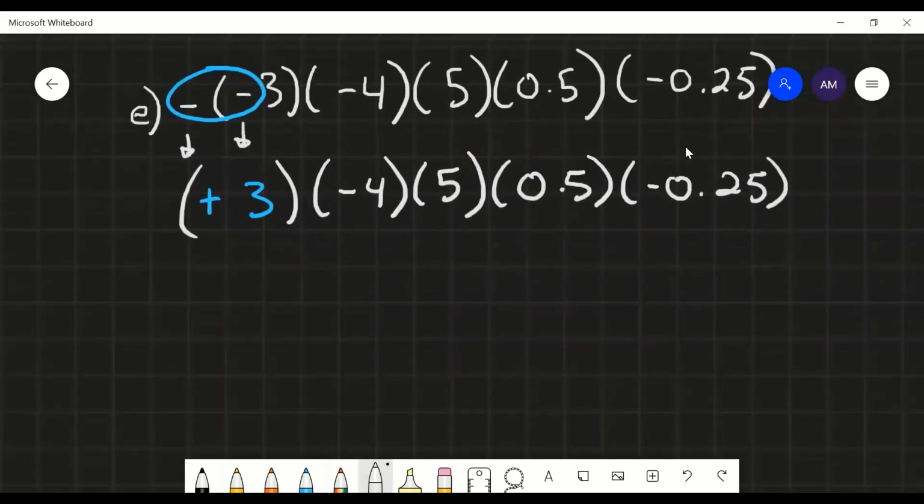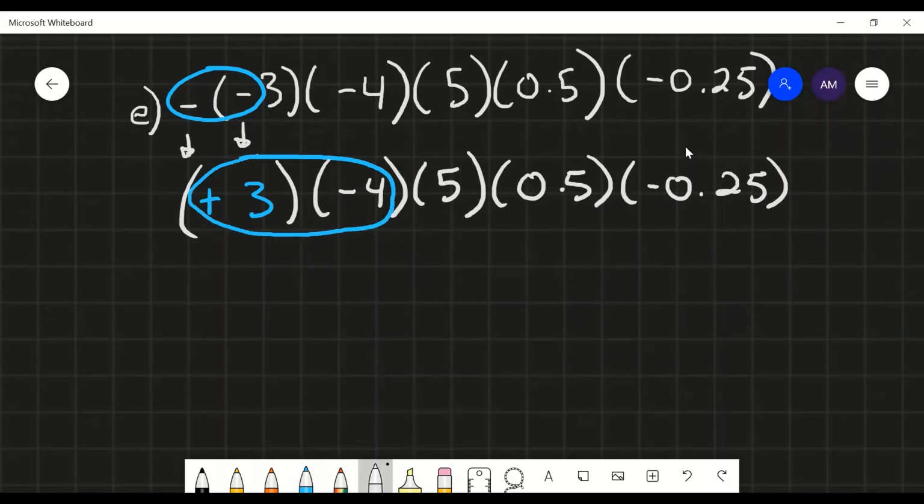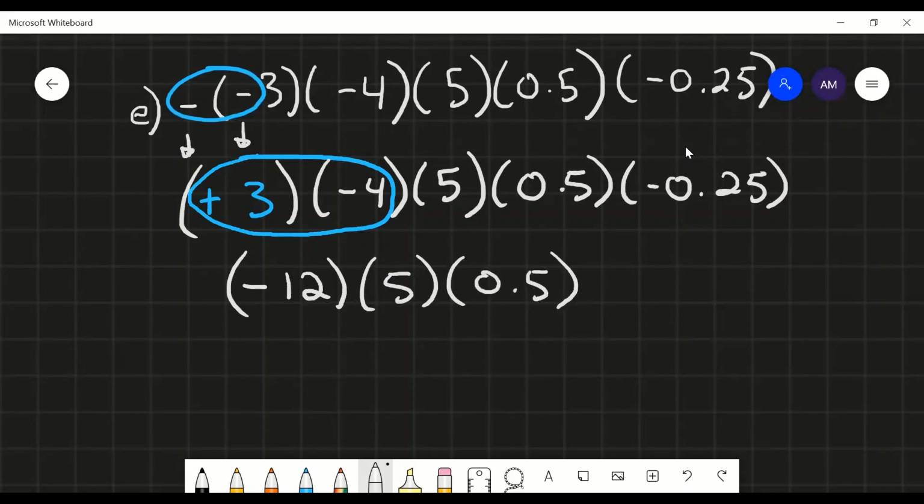What do we do next? Well, I see here a plus 3 times a minus 4. So remember that a plus times a minus is going to make a minus, and 3 times 4 is 12. So this is minus 12 times the rest, all the rest of the stuff that we haven't figured out yet.